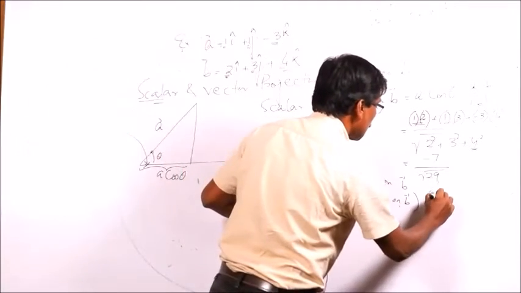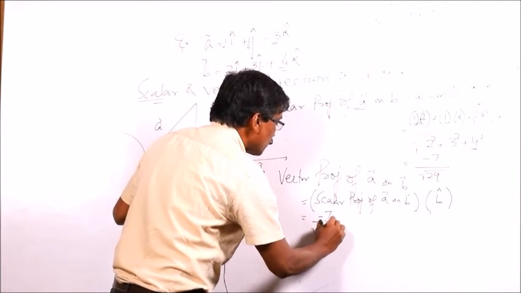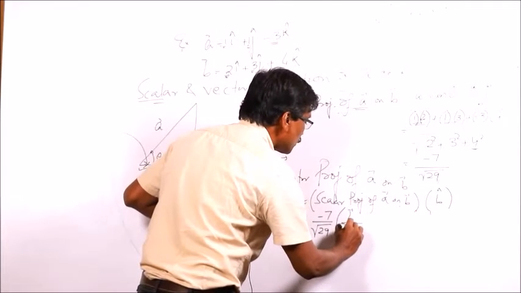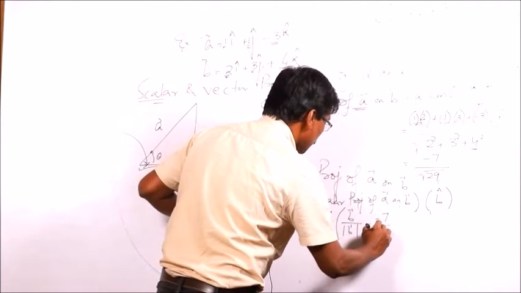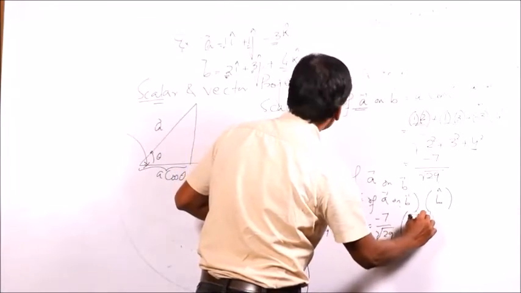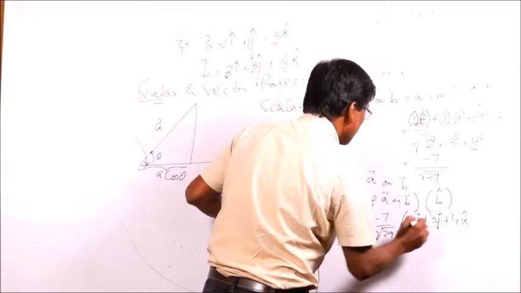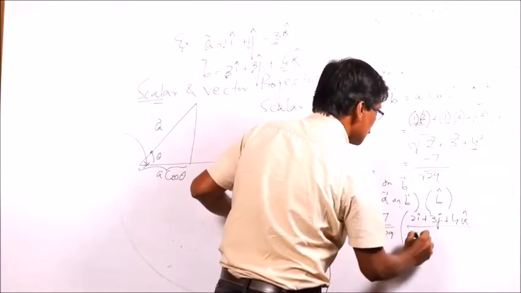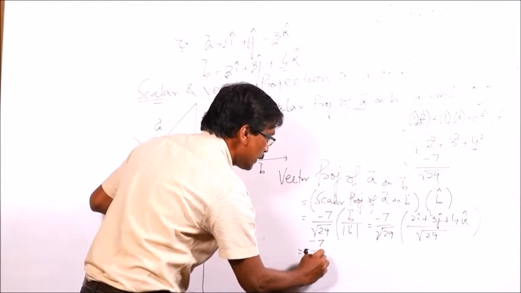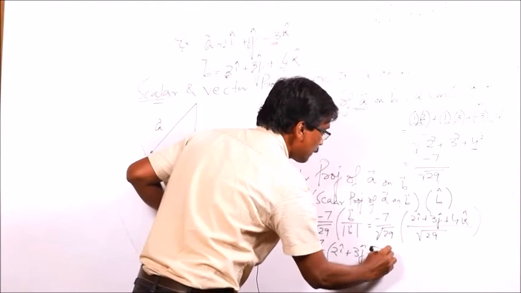So, it is minus 7 by root 29, and B cap is nothing but B vector divided by magnitude of B vector. So, B vector is 2i cap plus 3j cap plus 4k cap. Magnitude of B vector, we already have, that is root over of 29. So, which is equal to minus 7 by 29 into 2i cap plus 3j cap plus 4k cap.